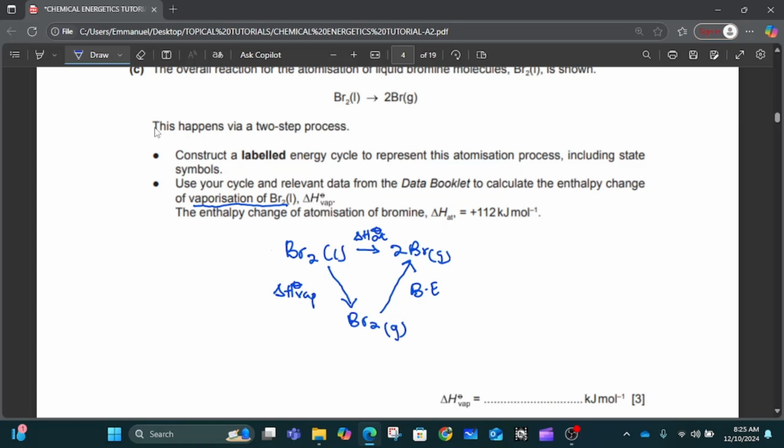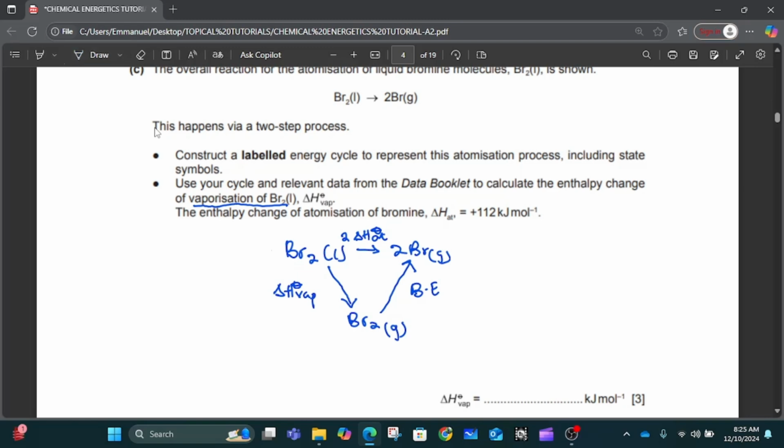However, the enthalpy change of atomization is defined as the enthalpy change when one mole of a gaseous atom is formed from its element under standard condition. But here we are dealing with 2 moles of gaseous atoms formed, so you have to multiply this enthalpy change of atomization by 2.